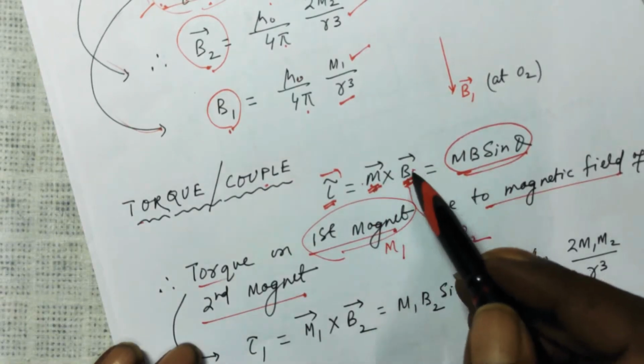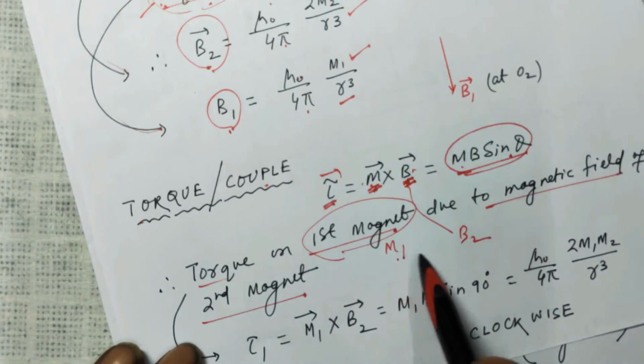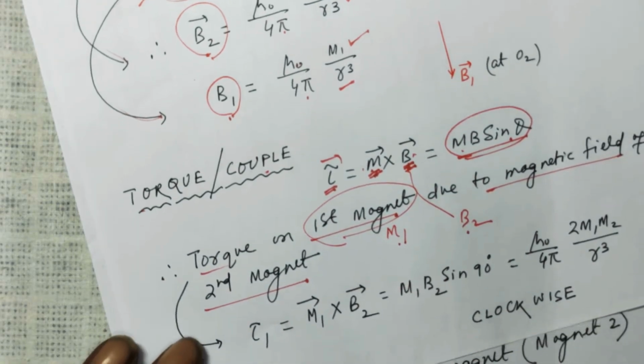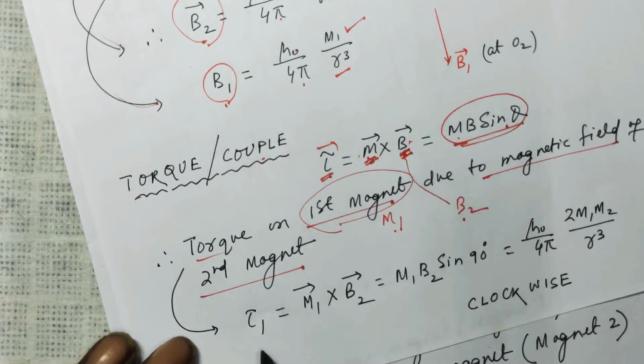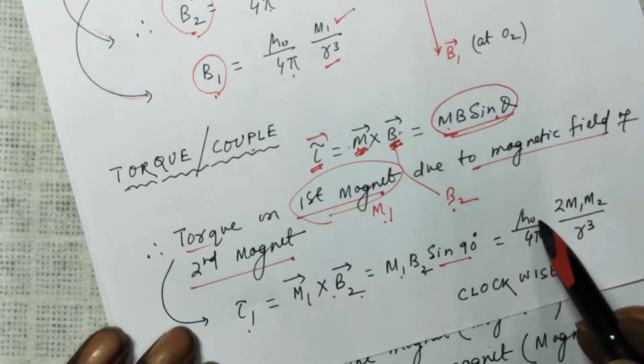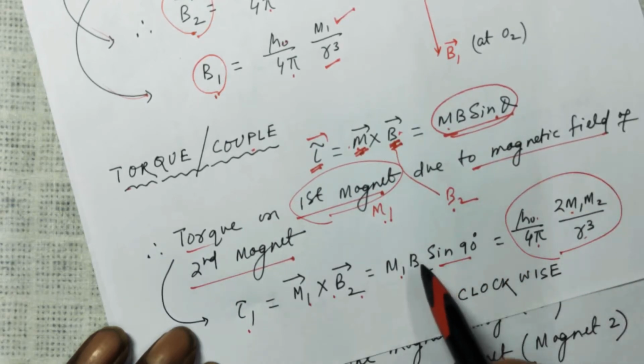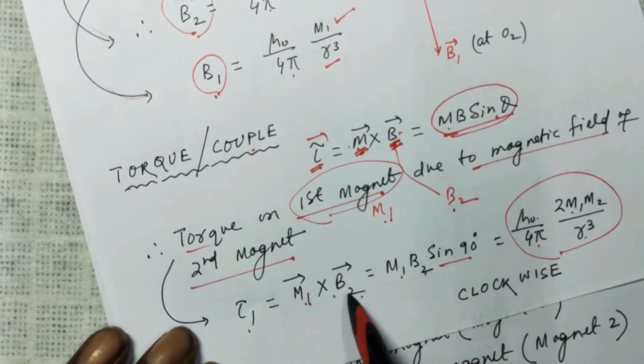Since there is a cross product, there is a sine term, so we have to find the angle between M1 and B2. It is 90 degrees, I will show you in the figure. So the torque is the magnitude of M1, magnitude of B2, sine 90. Sine 90 is 1, so this comes out to be mu naught over 4 pi 2 M1 M2 over r cube. Let us check whether the angle between M1 and B2 is 90 degrees or not.